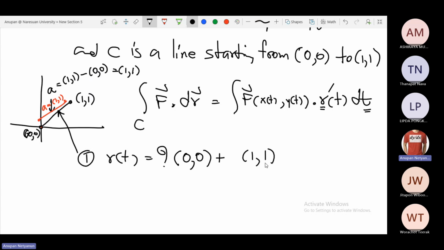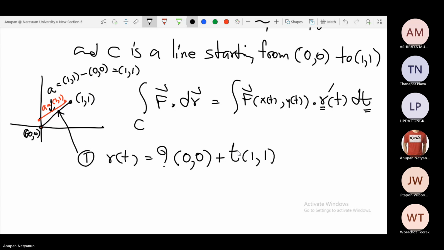Okay. And to get to this point, I just stretch it. When I put the vector onto this beginning point, I just stretch it, then I can reach this point. Stretching the vector 1, 1 is just multiplying it by a number, t.